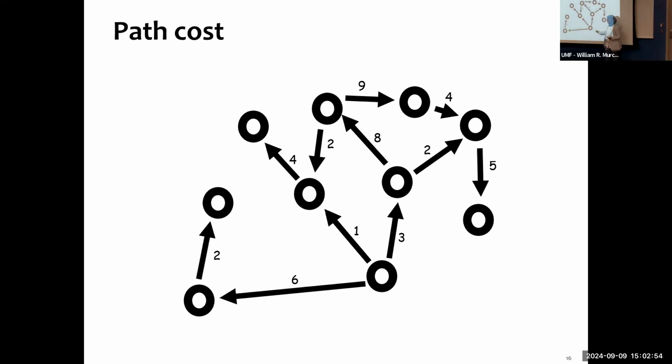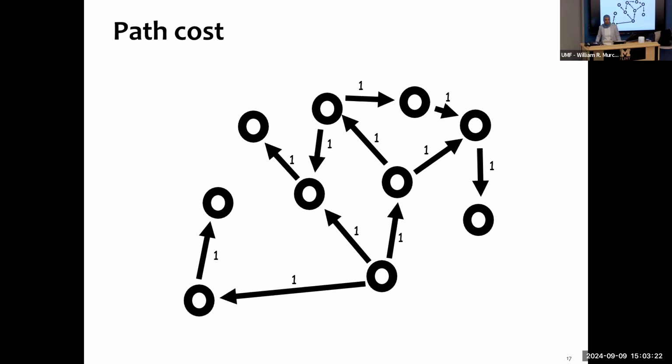I can, for example, go from this node to this one, but I cannot come back to this one. And the cost of going from here to here is equal to 2. I don't know, $2. But we have here different costs, okay? So this is one possible representation where it's more realistic but more complicated.